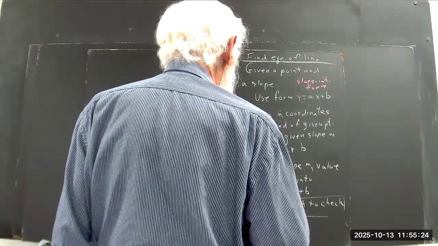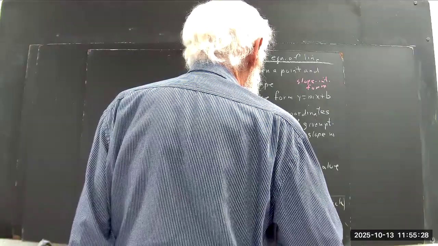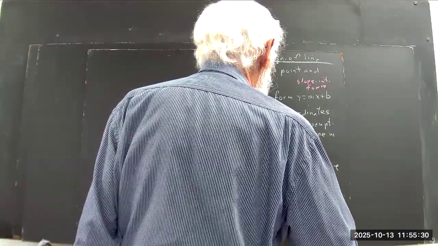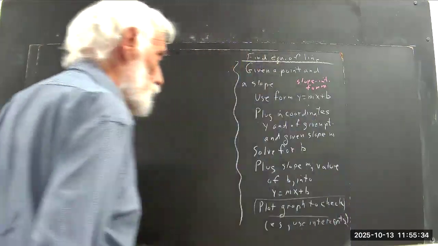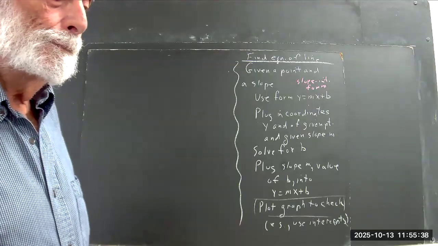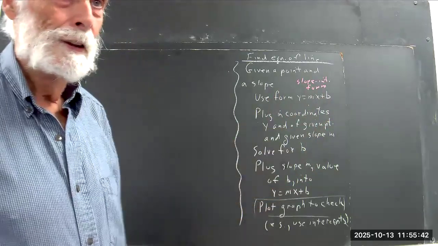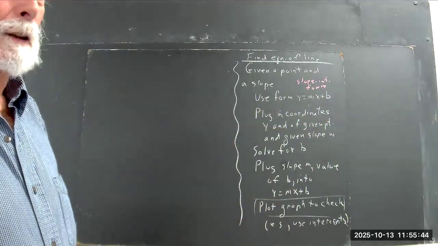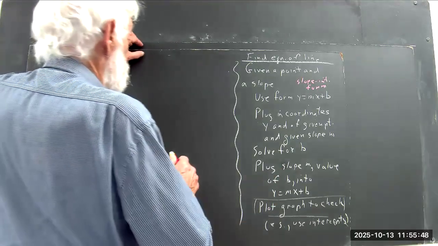For example, use the intercepts. Okay. Now, having said use the intercepts to plot the line, let's use the intercepts and plot a line. Different line. But how about this now?